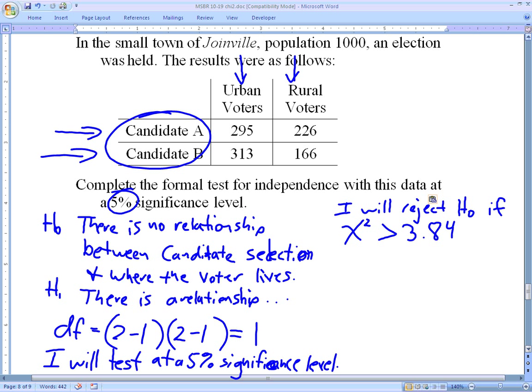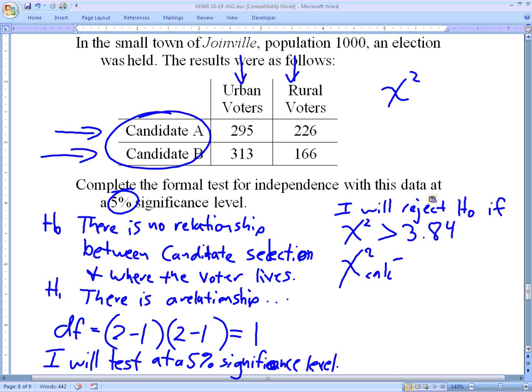On to step 5. Step 5, we actually do the chi-squared test. And I did my work ahead of time. If you want to do yours as well and then double check it, but I got a chi-squared value. Sometimes you'll see them write chi-squared calculated, meaning that we figured it out.